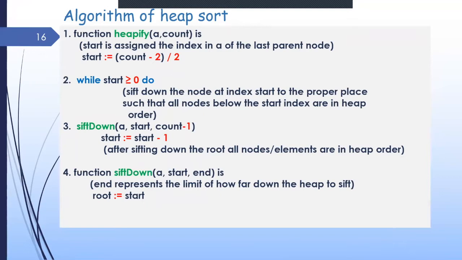Now the heapify function: set start is equal to (count minus 2) divided by 2, and check start is greater than or equal to 0, and then it calls the shift down function, where pass values a, start and count minus 1, and set start is equal to start minus 1.